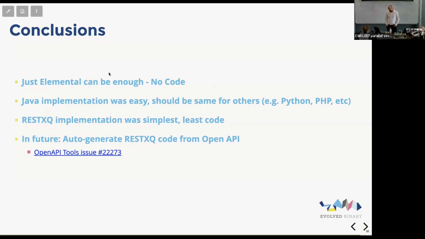Or the Java implementation was quite easy, and the same would go for Python or PHP if you're just using it as a library. I wrote the Java implementation in an afternoon, but I had to learn how to use the web server that implementation uses, which is called Micronaut. So in the old days, well, I say in the old days, this will probably upset people.